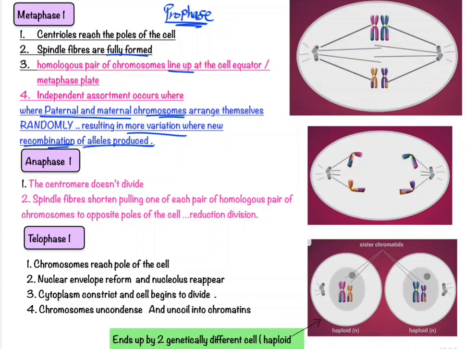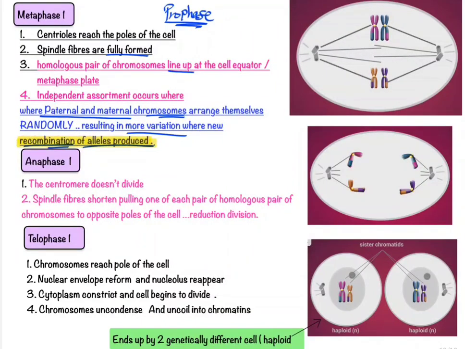Let's recap them together. What happened in metaphase 1, the centrioles finally reach the poles of the cell, the spindle fibers are also fully formed, and the homologous pairs of chromosomes line up at the cell equator. Independent assortment occurs, where the paternal and maternal chromosomes randomly rearrange themselves, resulting in more variation where new recombinations of alleles are produced.